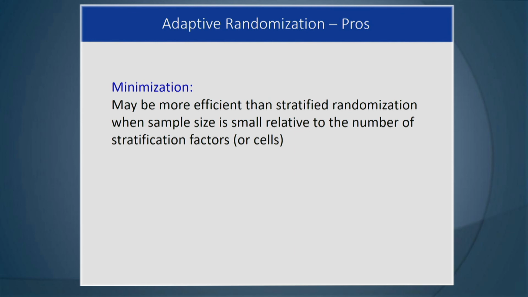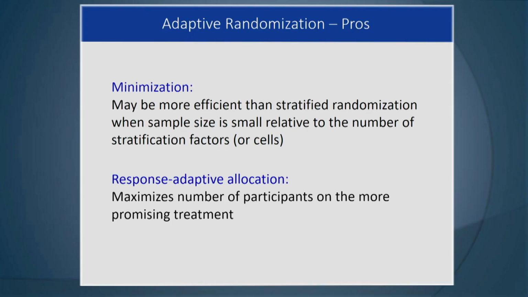So what are the pros? In minimization, it may be more efficient than stratified randomization when sample size is small relative to the number of stratification factors or cells. And these things are changing. People are understanding minimization better, so you have to take these statements with a grain of salt, not too definitive, because things are changing.